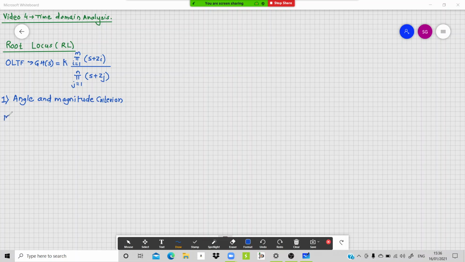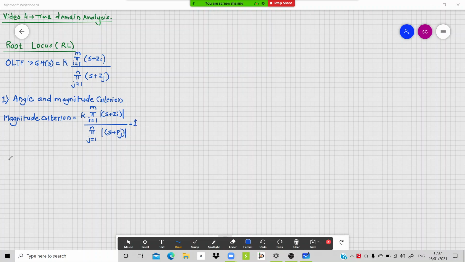So magnitude criteria: magnitude of this OLTF should be equal to 1, means K multiplied by the magnitude of all these zeros, i equal to 1 to M, divided by the multiplication of the magnitude of all these poles. Okay, and that should be equal to 1.